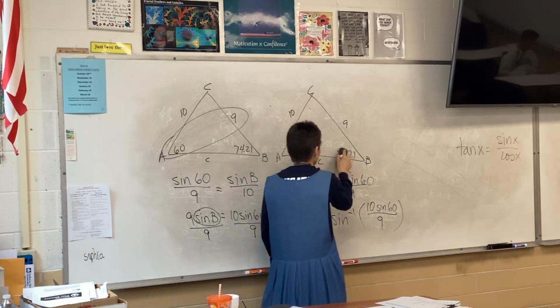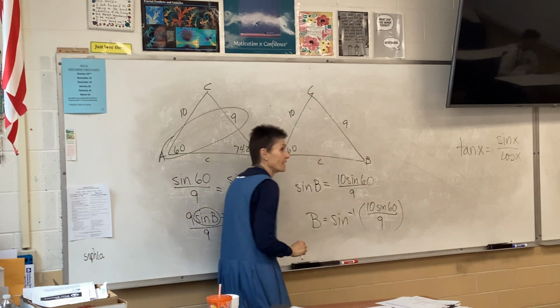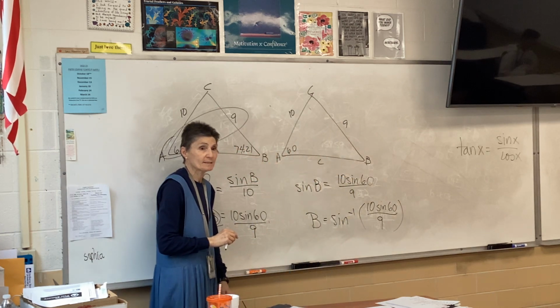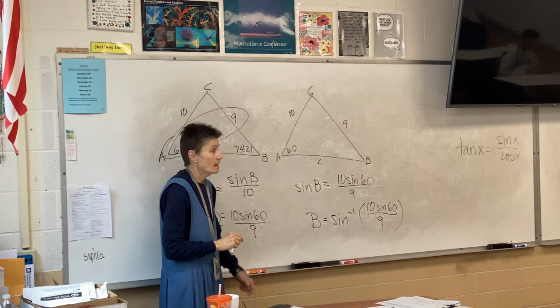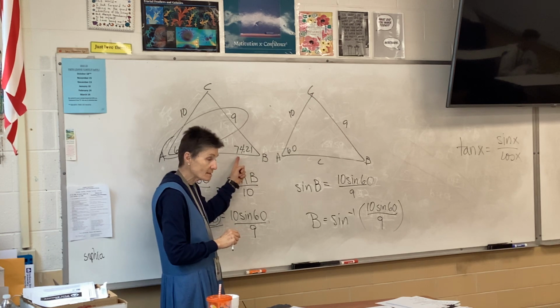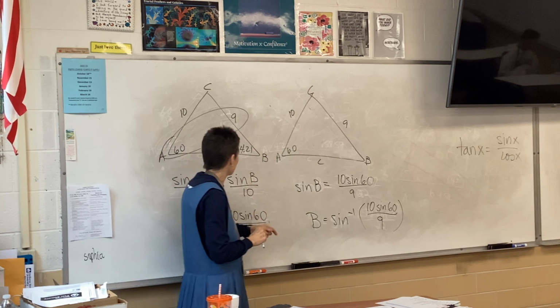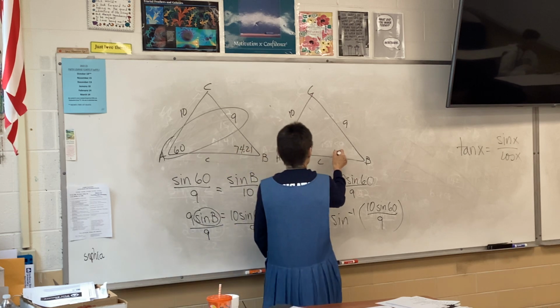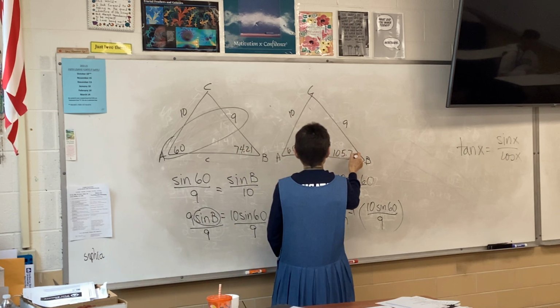So then, I gotta see if there's gonna be a second triangle. So how do I check to see if there's a second? 180 minus this, which is, what? 105.79? Is that right?